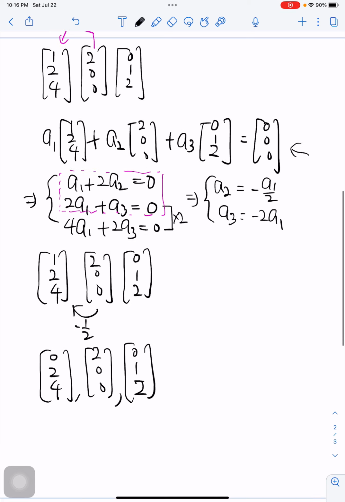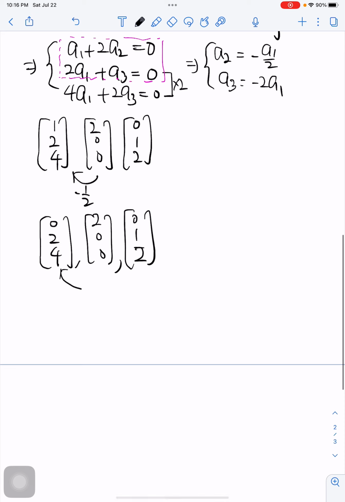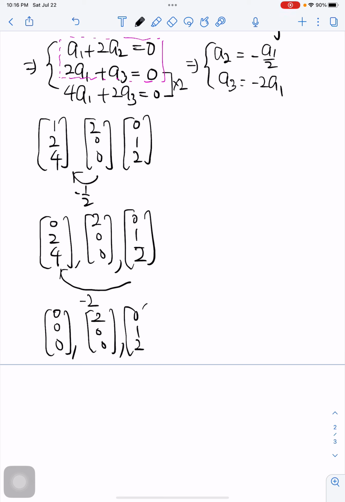And you notice that the first one is equal to the -2 of the third one plus the second one, so you end up with (0, 0, 0), (2, 0, 0), and (0, 1, 2). Apparently, these three vectors are linearly dependent, and we conclude that the original set is linearly dependent.